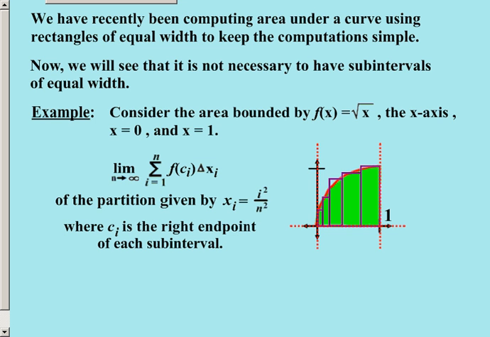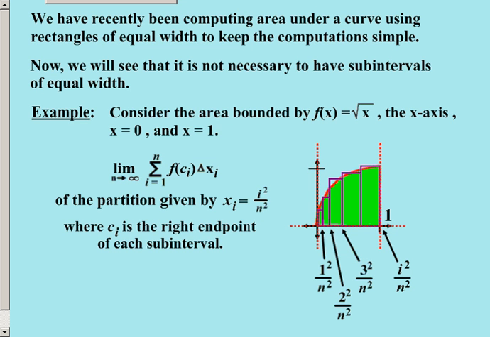Okay, so c sub i was the right endpoint of each subinterval. Giving you a little bit of indication here in the graphic, the right endpoint of your first subinterval would be 1 squared over n squared. The second endpoint, 2 squared over n squared. The next endpoint, 3 squared over n squared, and so on throughout the entire thing.